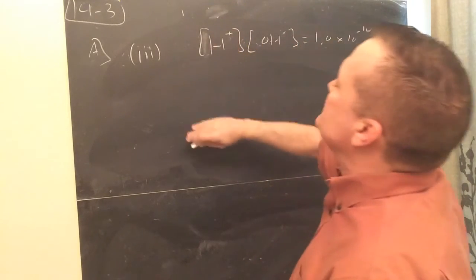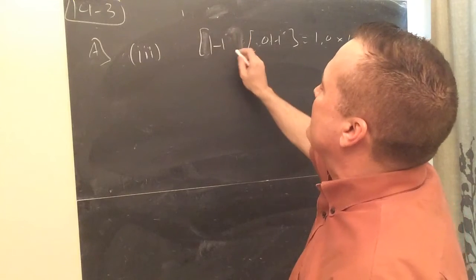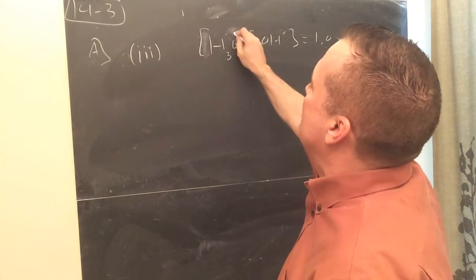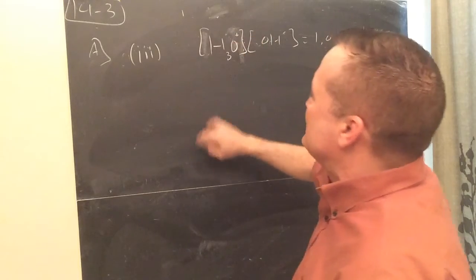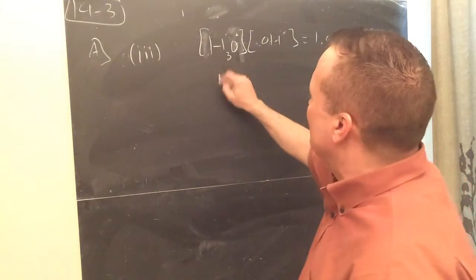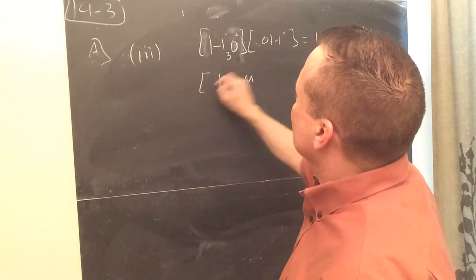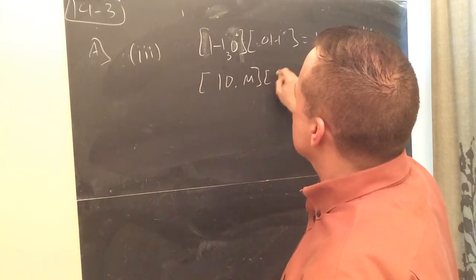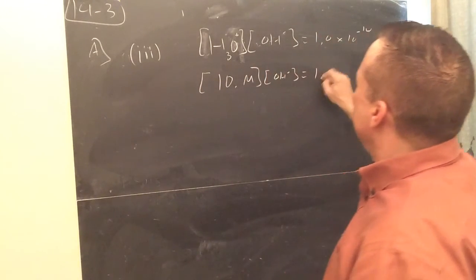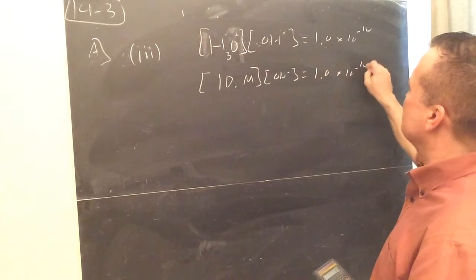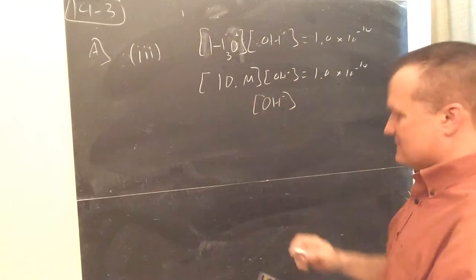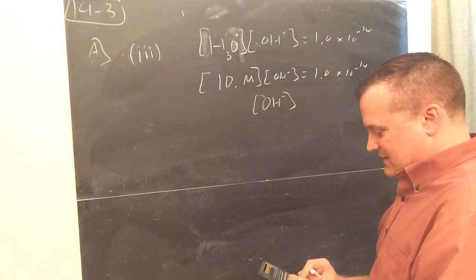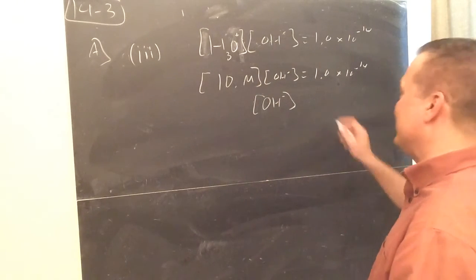In fact, if the question said that on the AP, I would put H3O plus into my formula, just so they know that you know that is 10 molar. H3O plus times OH negative equals 1 times 10 to the negative 14. So OH is this divided by 10, so 1 times 10 to the negative 14 becomes 1 times 10 to the negative 15.